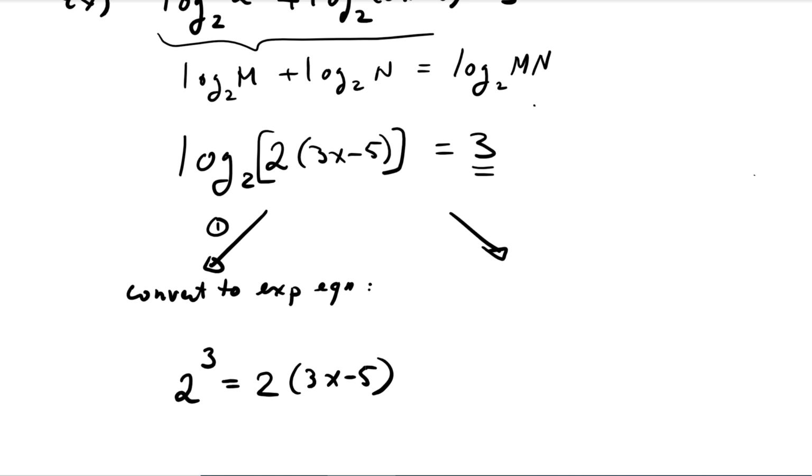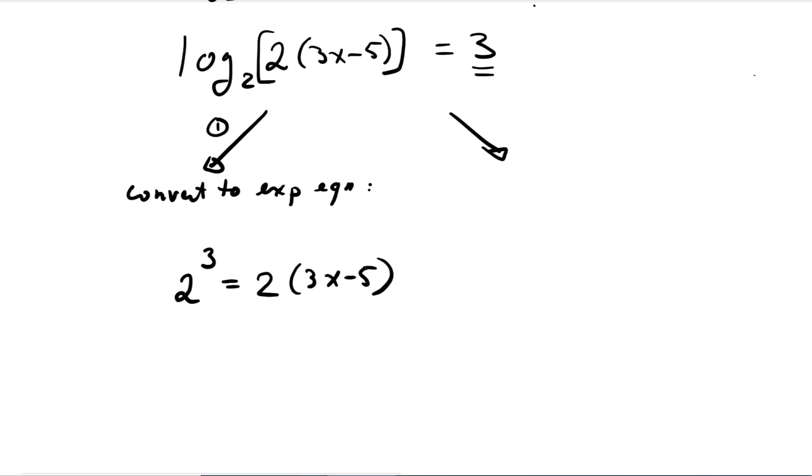And then we end up with a linear equation: 8 is equal to 6x minus 10, and that's super easy to solve. So we get 18 is 6x, and finally x is 3. But I'll tell you here that with your solution, you have to be careful. We'll come back to it.